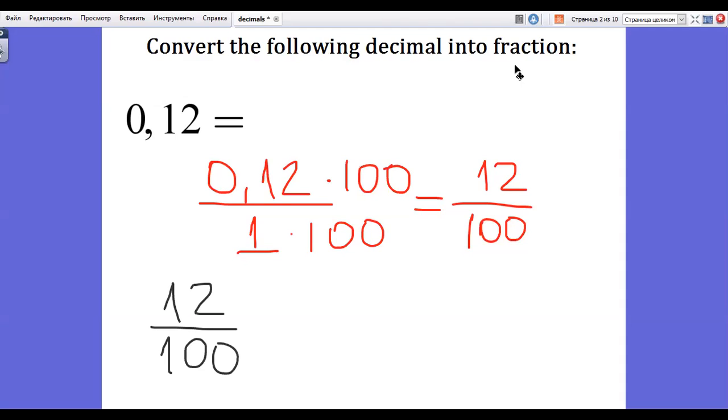Next thing is simplifying this fraction. Okay, I will simplify it by 4. I will divide both numbers by 4, and when I divide, I will have fraction 3 over 25. And this 3 over 25 is a form of fraction of 0.12.